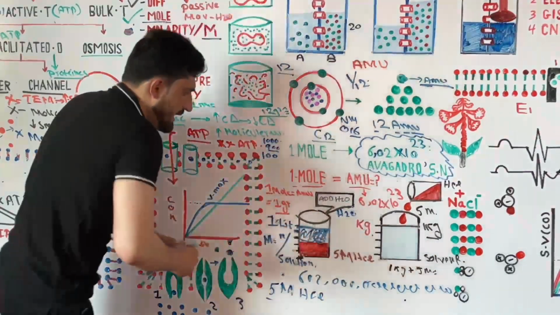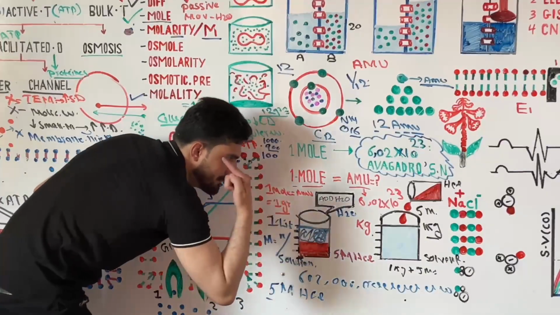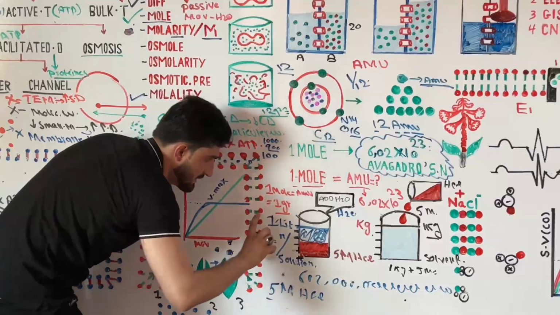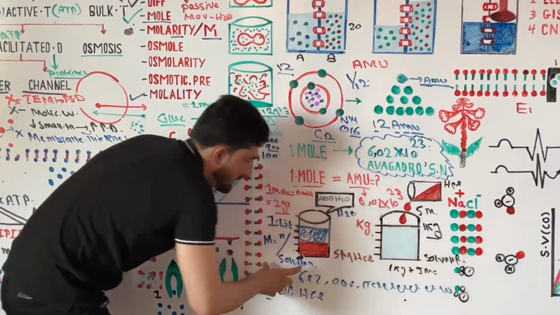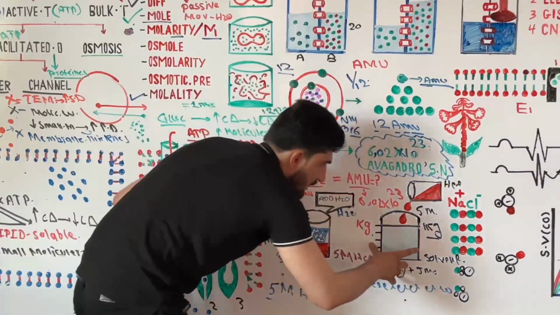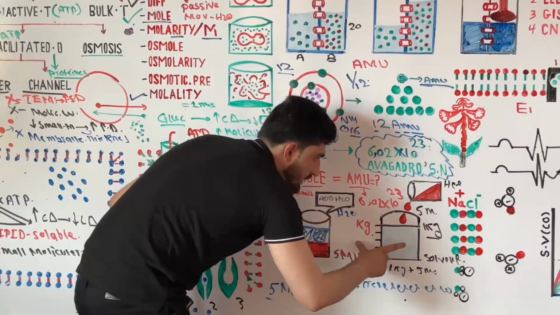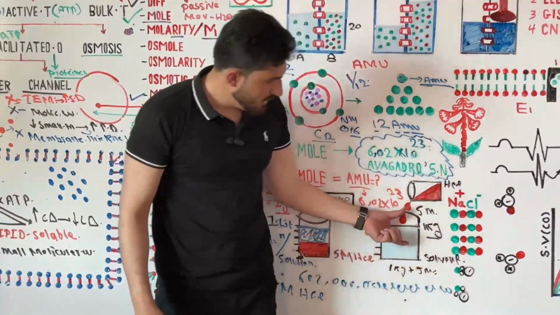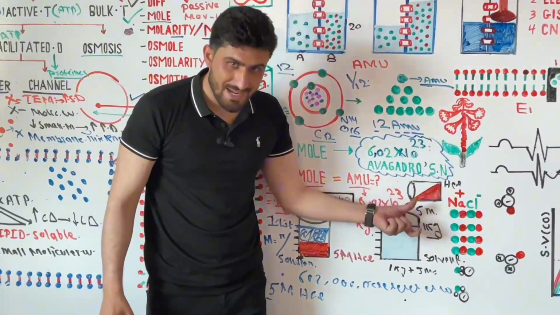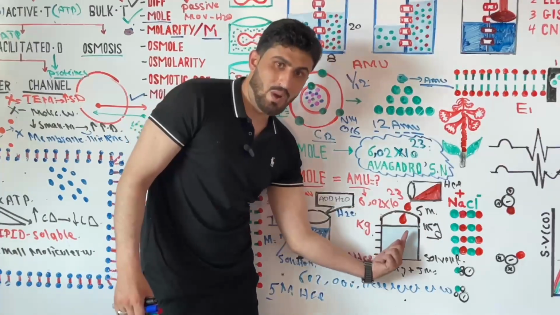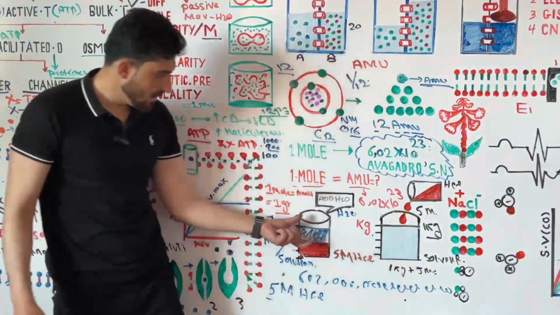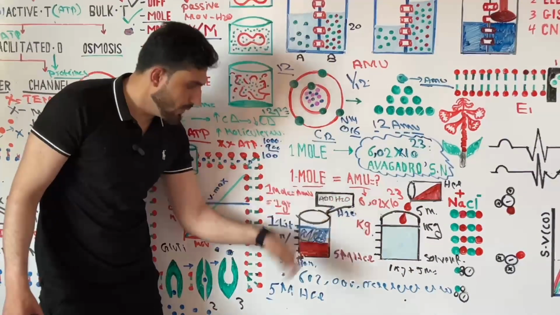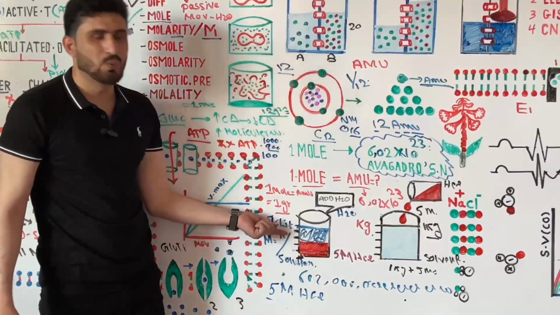molality. It means in molarity I have 1 mole of HCl or of something in 1 liter of solution, but here I have something only in 1 kg of solvent. Here 1 kg is fixed, then I add 1 mole of substance. In molarity, firstly I add 1 mole of substance, then I add water till I reach 1 liter.